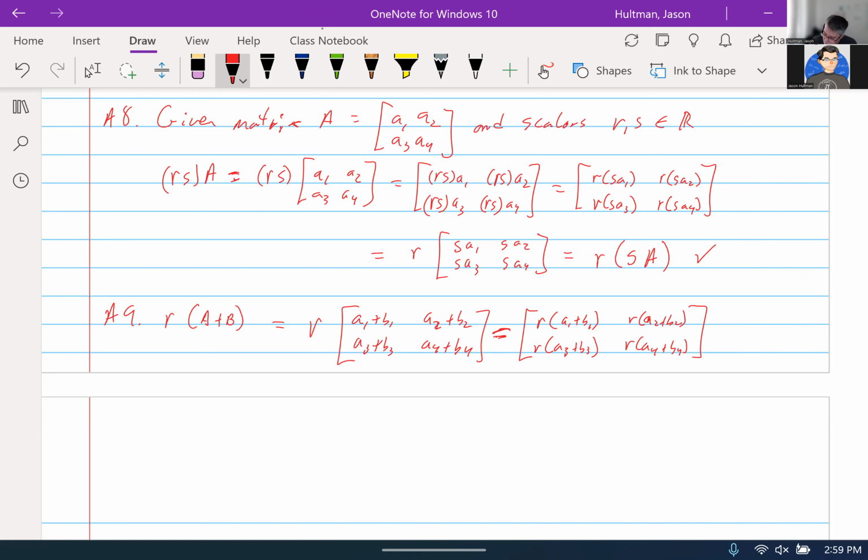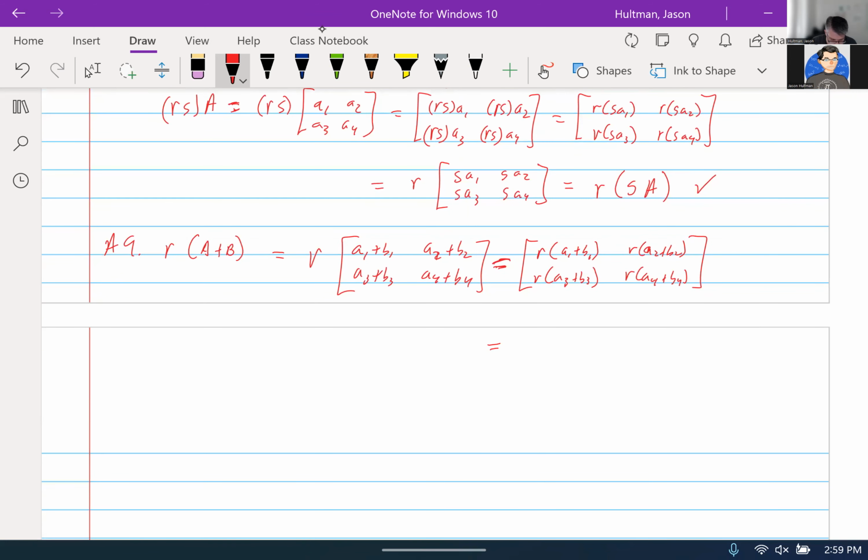And now we can just use regular distribution, normal numerical distribution, or maybe algebraic distribution, I should say. However you want to think about it.